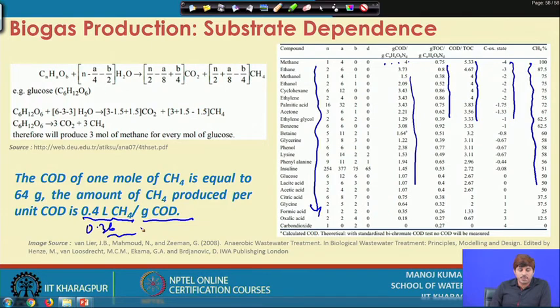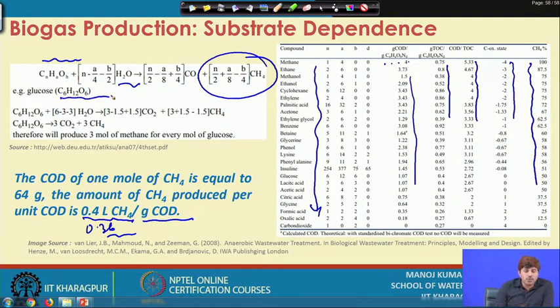And where does it come from? It comes from the fact that a compound like this needs this much reaction and eventually produces this much methane. For the case of glucose, 1 mole of glucose is going to produce 3 moles of methane.